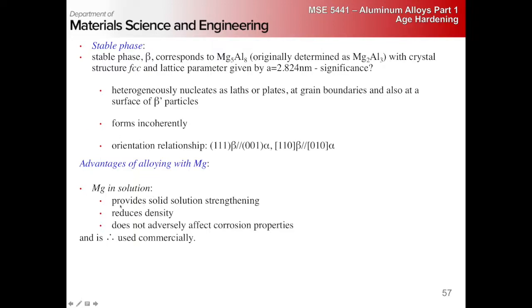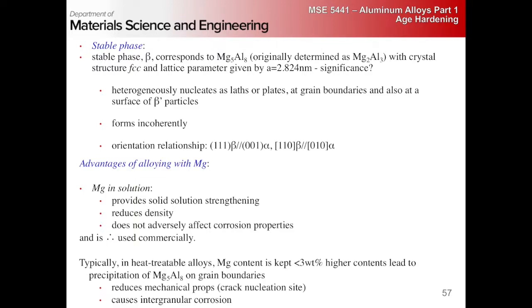And so magnesium in solution provides very good solid solution strengthening, right? We do get a significant reduction in density, and unlike copper, magnesium in solid solution does not strongly affect the corrosion properties. So therefore we use it commercially. The downside is we can form grain boundary beta and sensitize our alloy and lead to weakening in properties.